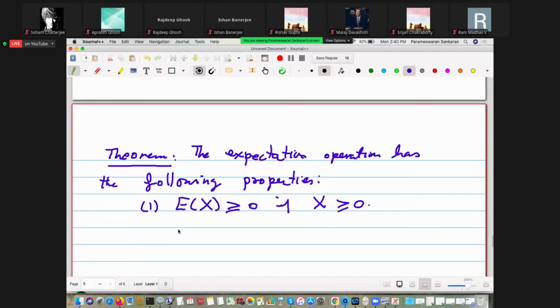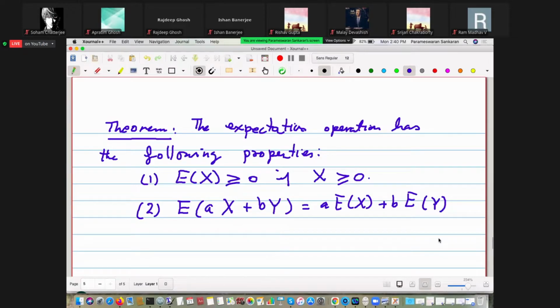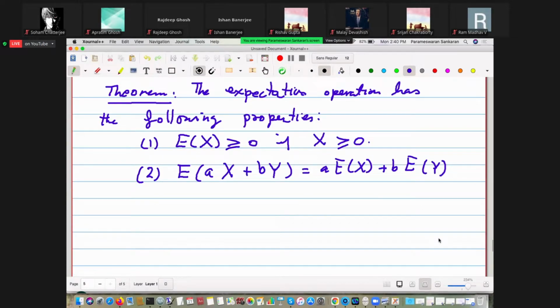And number 2, E is linear. E of ax plus by is equal to a times E of x plus b times E of y, provided of course E of x and E of y exist. If E of x and E of y exist, then expectation of ax plus by also exists and it is equal to this.